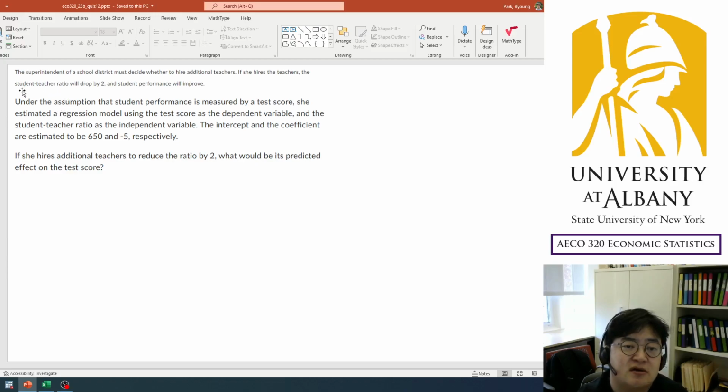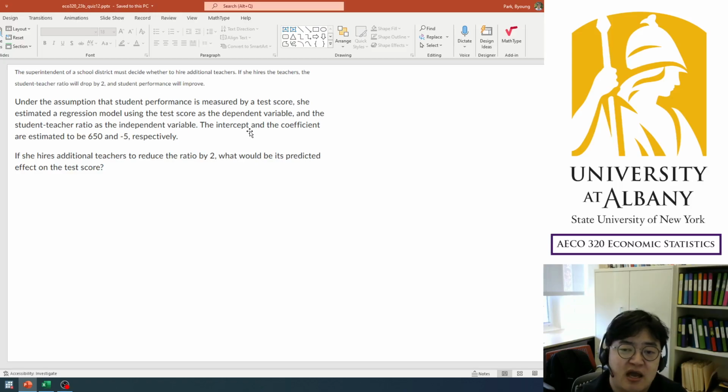Next one. The superintendent of a school district must decide whether to hire additional teachers. If she hires the teachers, the student-teacher ratio will drop by 2, and student performance will improve, right? Of course, more teachers will improve students' performance. Under the assumption that student performance is measured by a test score, she estimated a regression model using the test score as the dependent variable and the student-teacher ratio as the independent variable.